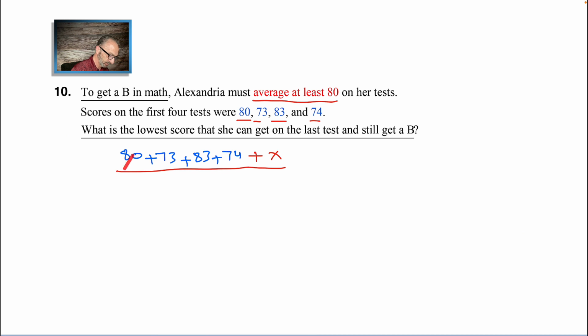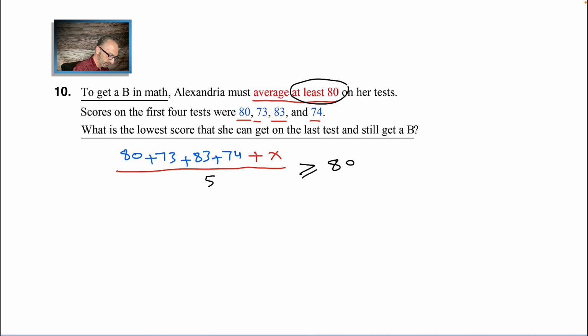So we have 1, 2, 3, 4, 5 total. So I'm going to divide by 5. At least 80, an average, that means greater than or equal to 80. Of course, if she gets 81, 82, she will get the B.